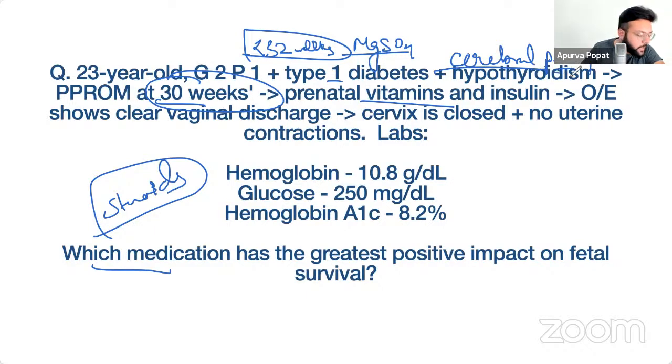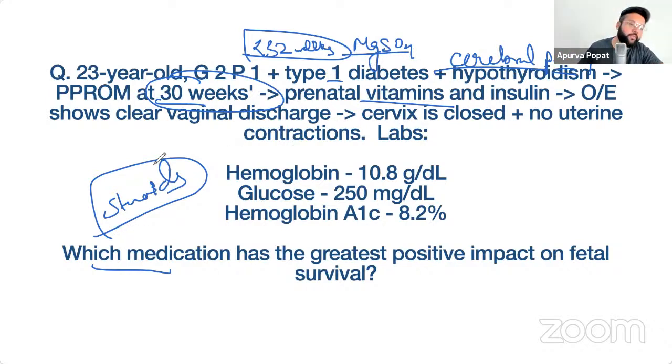Very good. So magnesium sulfate is given to prevent cerebral palsy in the baby. No doubt magnesium sulfate is used in the treatment of eclampsia, but right now this mom is not having any seizures, and still we are giving magnesium sulfate to the mom to prevent cerebral palsy in the baby. So at less than 32 weeks, we need to give magnesium sulfate to the mom to prevent cerebral palsy in the baby.